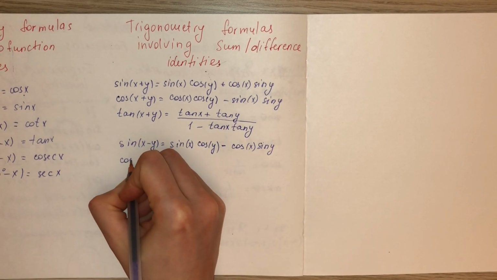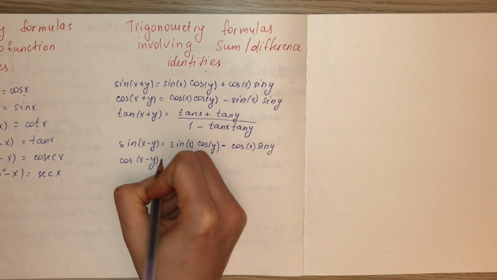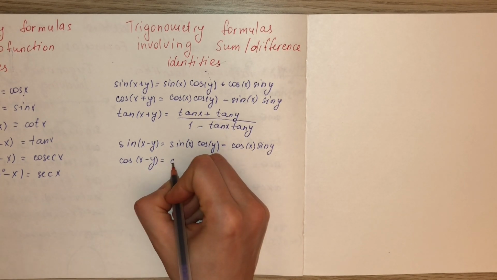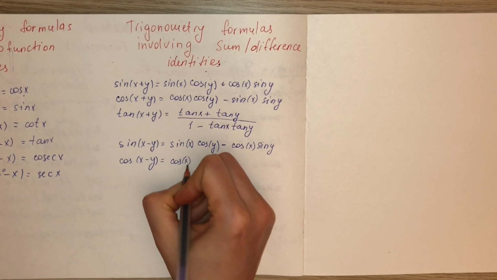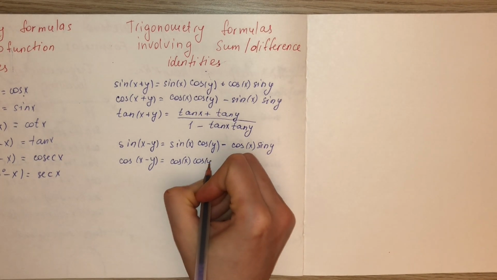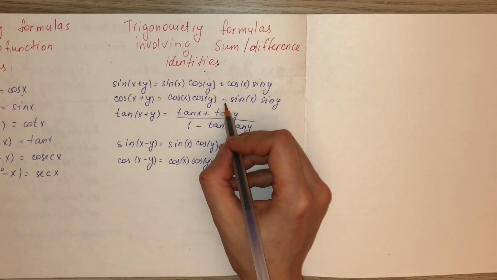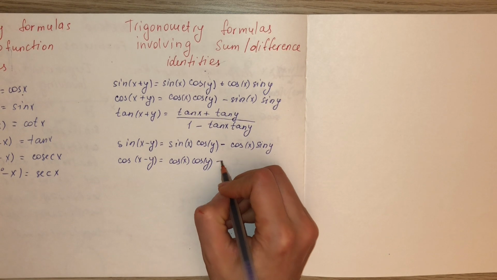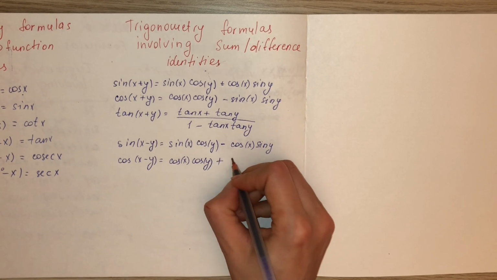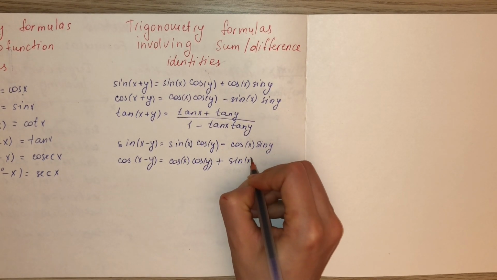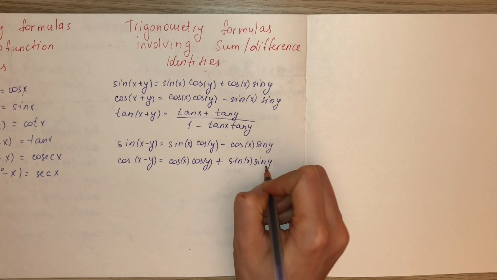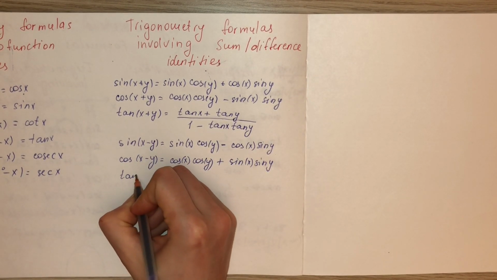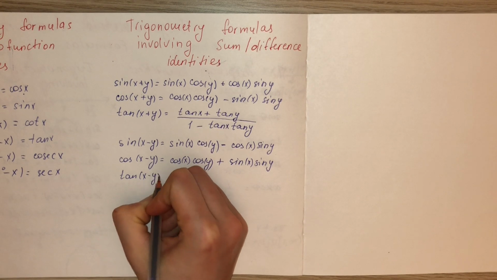And what about cosine of x minus y? It's equal to cosine x cosine y. Here was minus, but here will be plus sine x sine y. And finally, what about the tangent of x minus y?